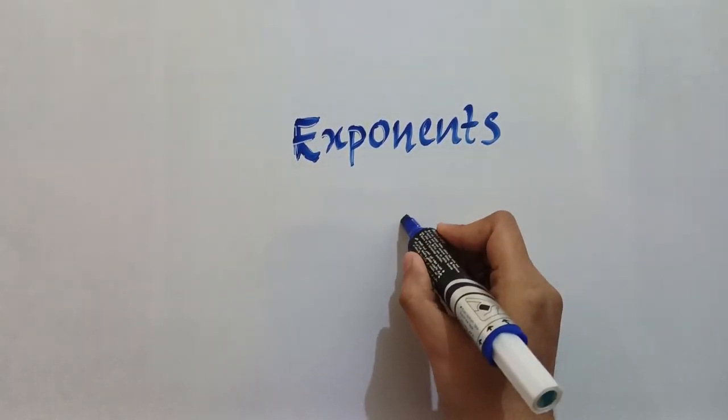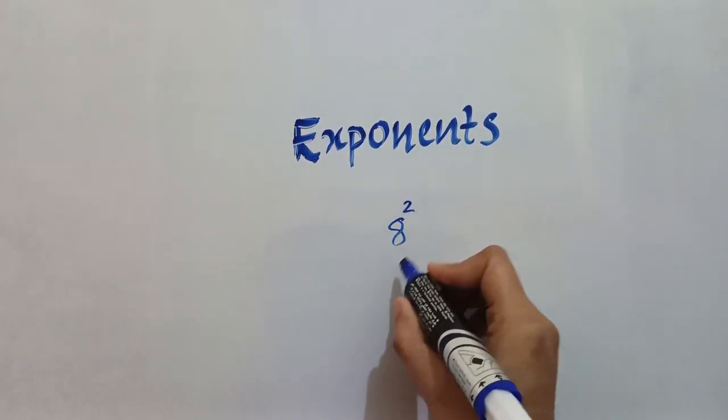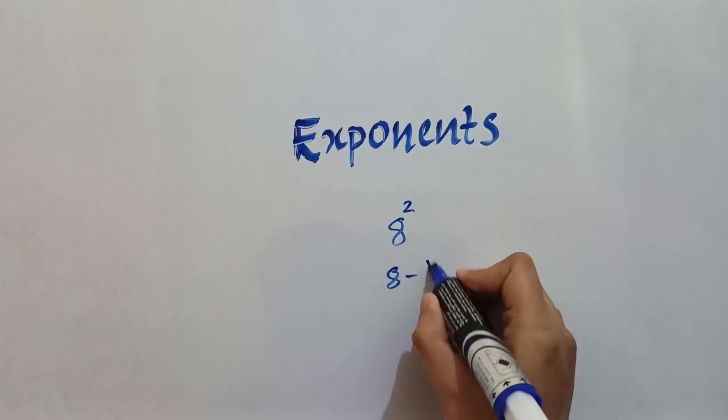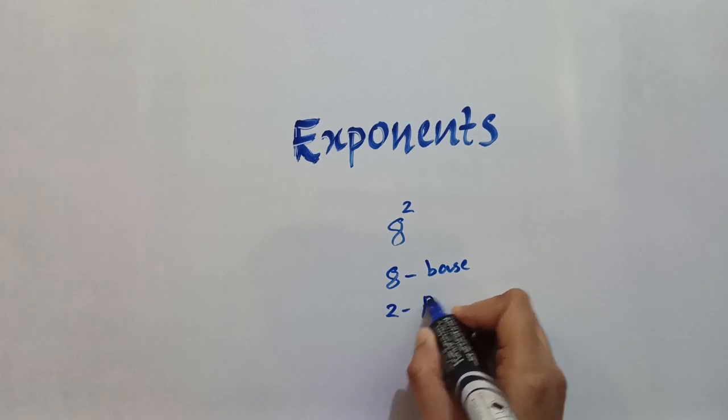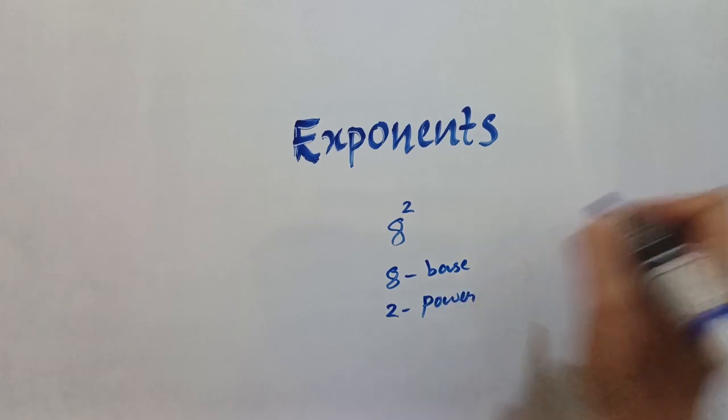So in the previous example, 8 square, 8 is base, 2 is power or exponent.